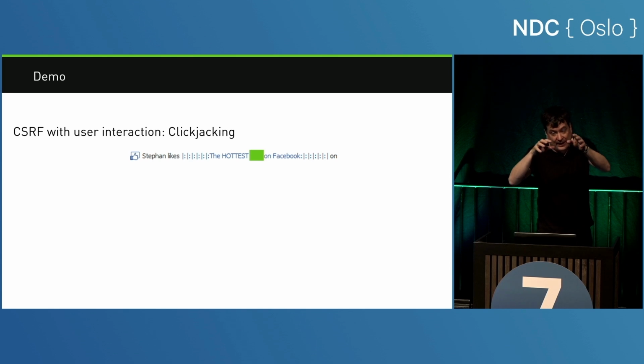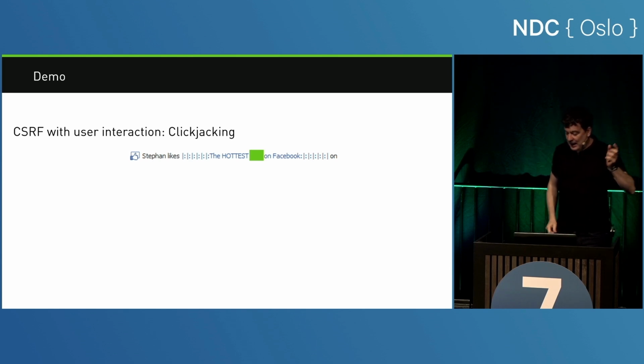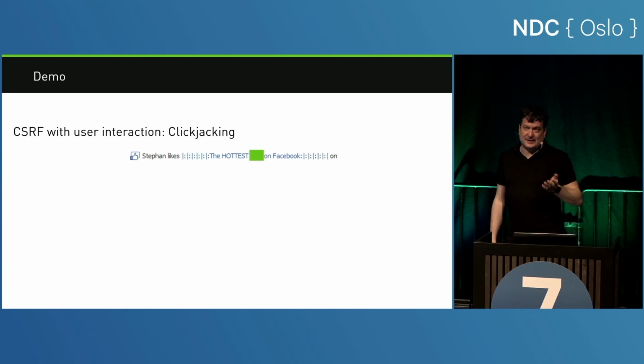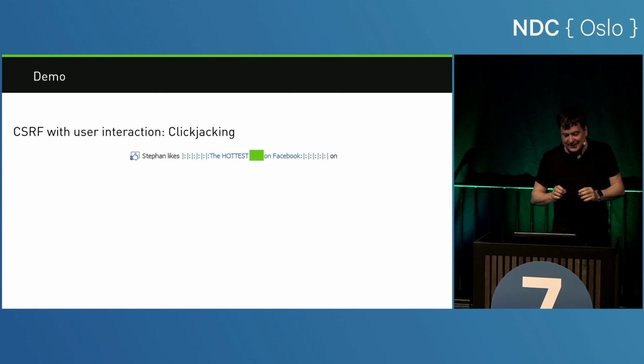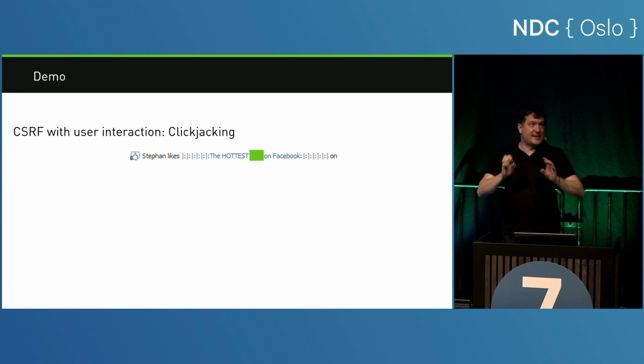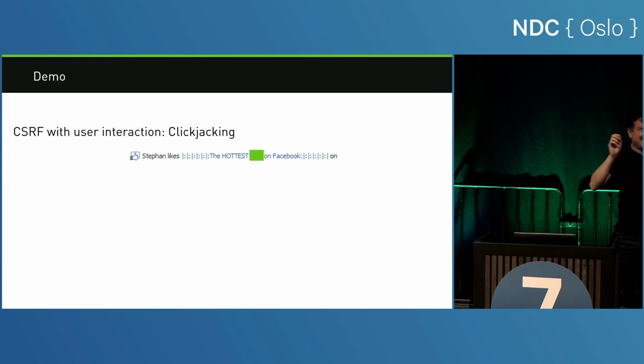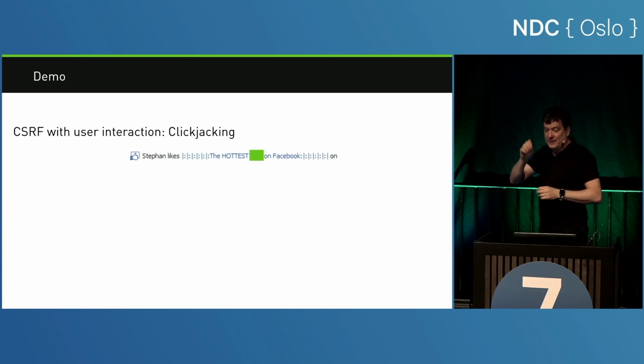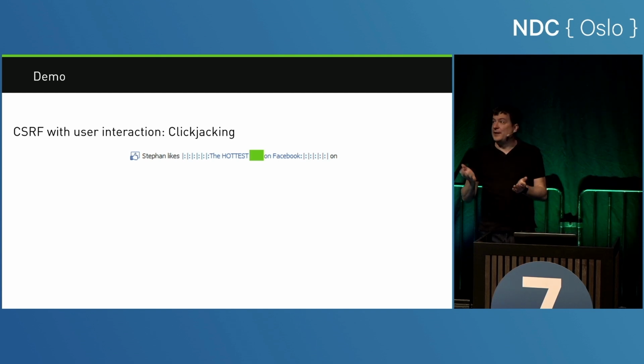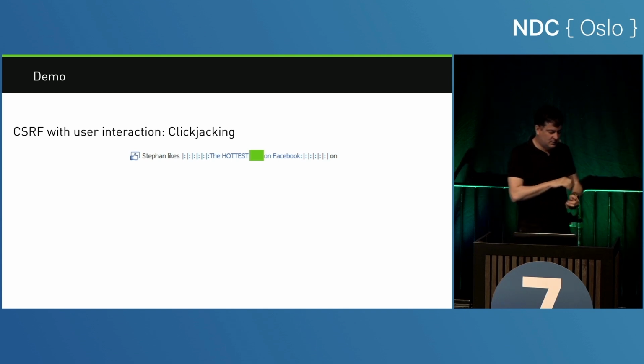I can't, but my victim can. So I lure the user to a site or a web page where the application with the button is in an iframe. I make this invisible using CSS, but the iframe is there. And then if the user clicks on the page, the user actually clicks on the button in the iframe and carries out that action. Right?